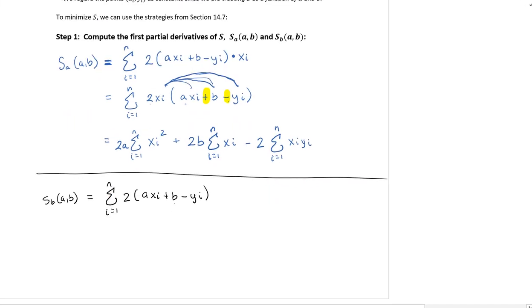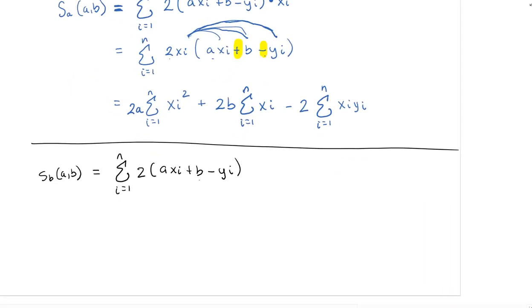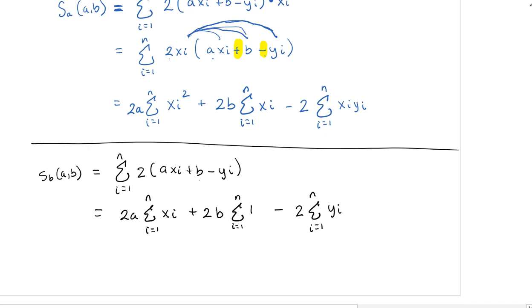We're going to break this up into 3 sums again. It's going to help us a little bit later. So we can think about this as 2a sum from 1 to n of x sub i plus 2b, and then we have the sum from 1 to n of 1, and we'll see if we remember how to find that sum really quick in a moment here, minus 2 sum from 1 to n of y sub i.